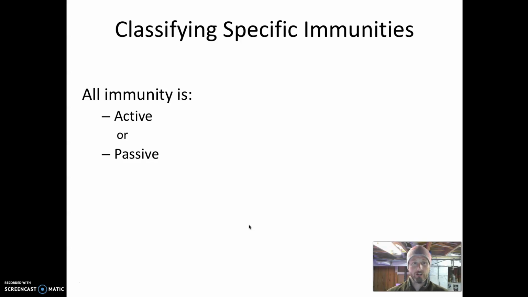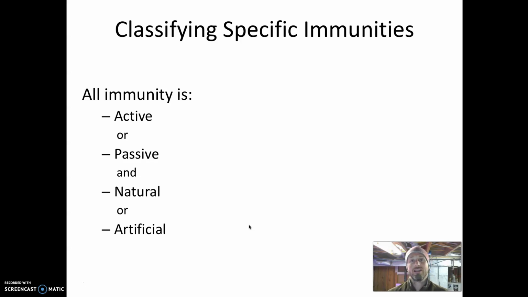But in addition, there's a second set of terms that we can use to describe immunity. So immunity is active or passive and either natural or artificial.